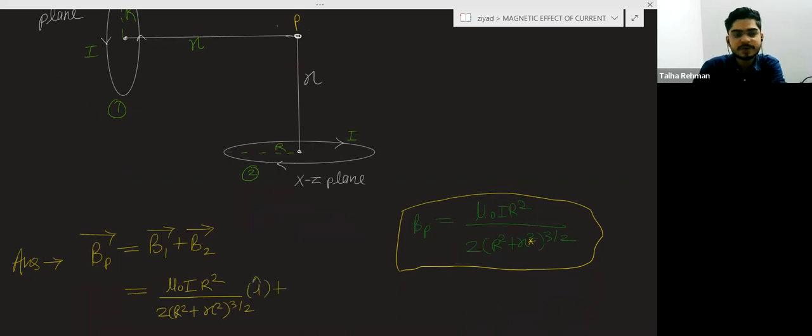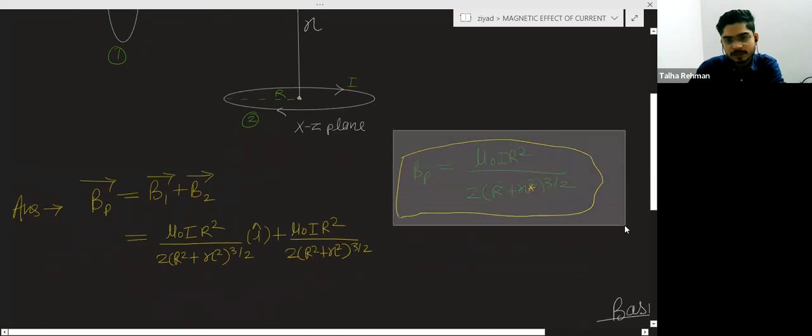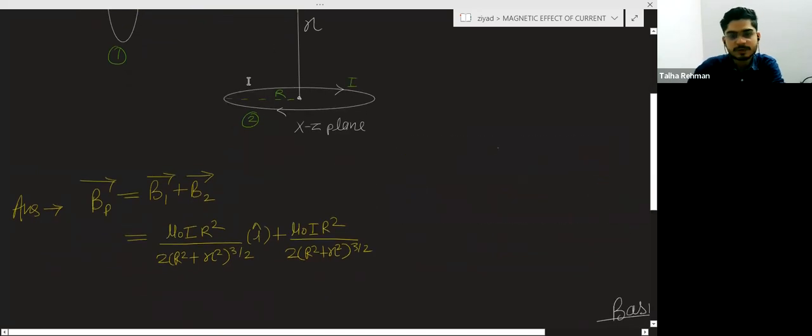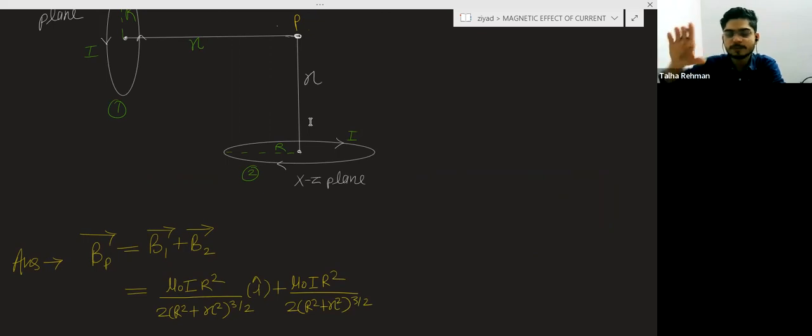Now the magnetic field due to the second coil is also the same, mu 0 I r square divided by 2 times of (r square plus x square) to the power 3 by 2. Here the second coil is in the xz plane, so the direction of magnetic field will be along the y-axis. Negative or positive, we will decide by the right hand rule.